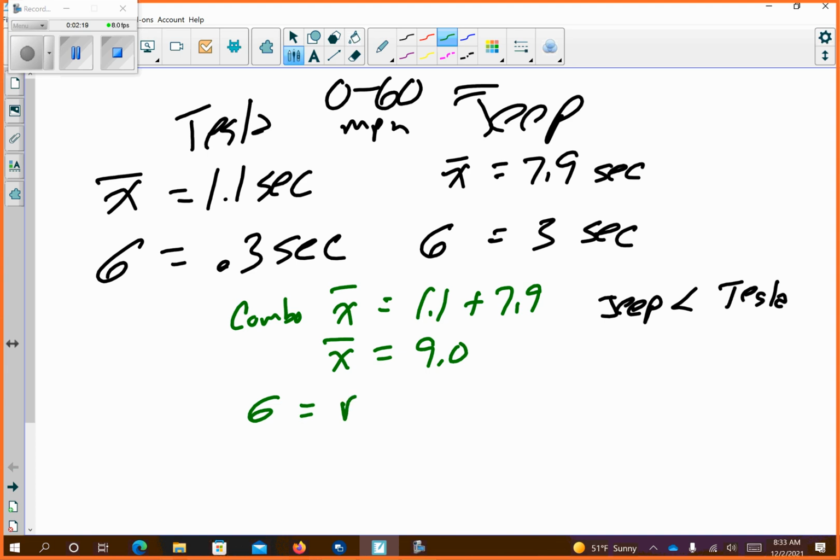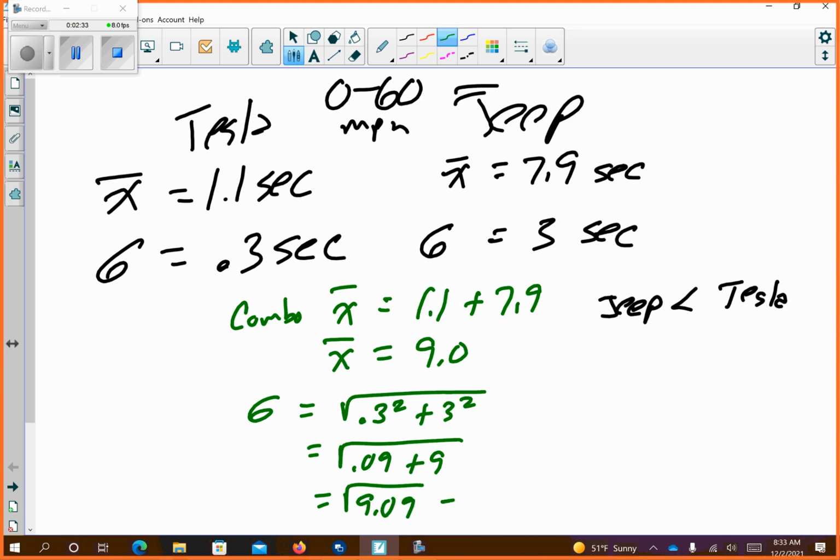I need to know what 0.3 quantity squared plus 3 squared would be. I know mathematically this is 0.09 and this is 9. So I need the square root of 9.09. 3.01. Thank you. So this is the new standard deviation, the combo standard deviation.